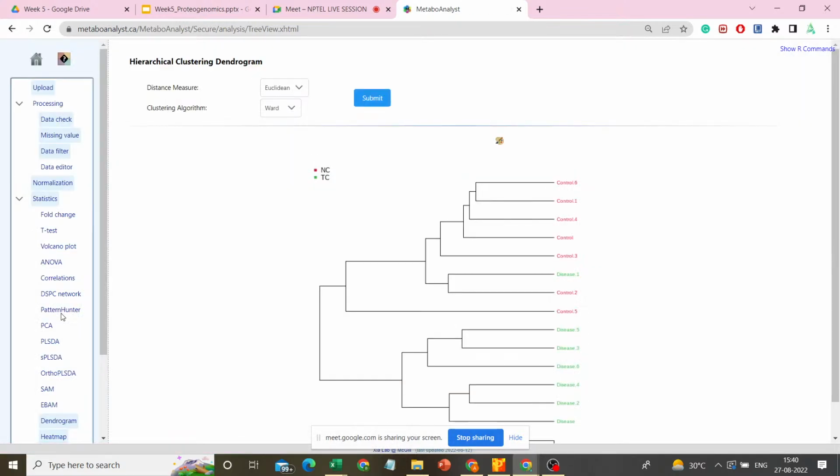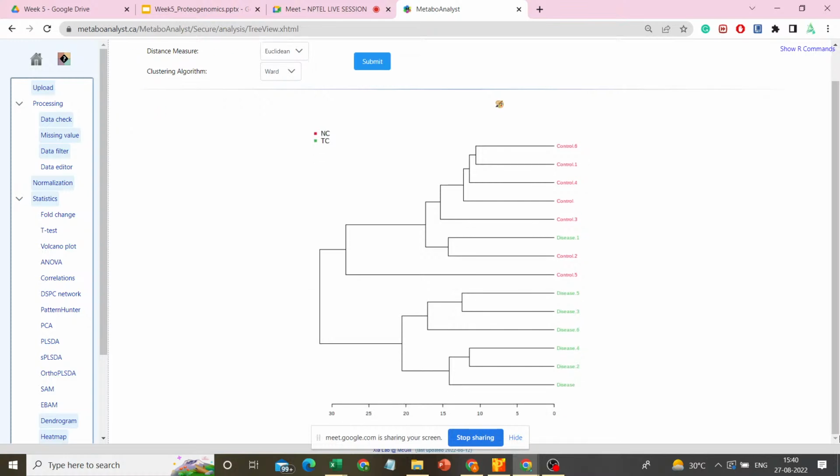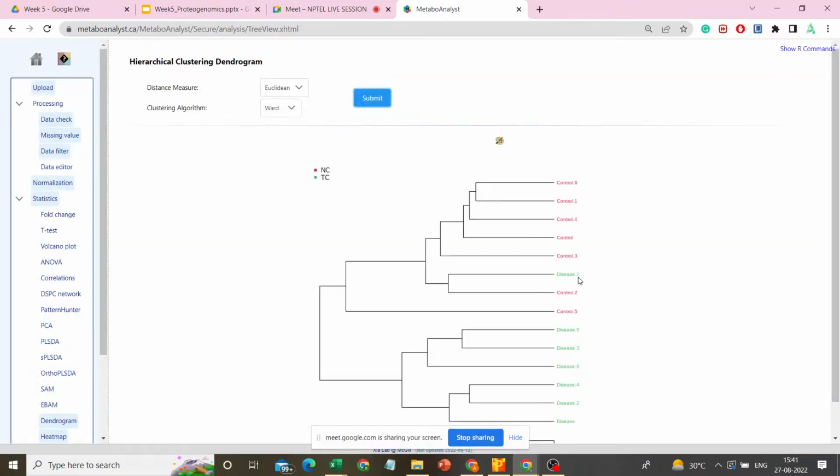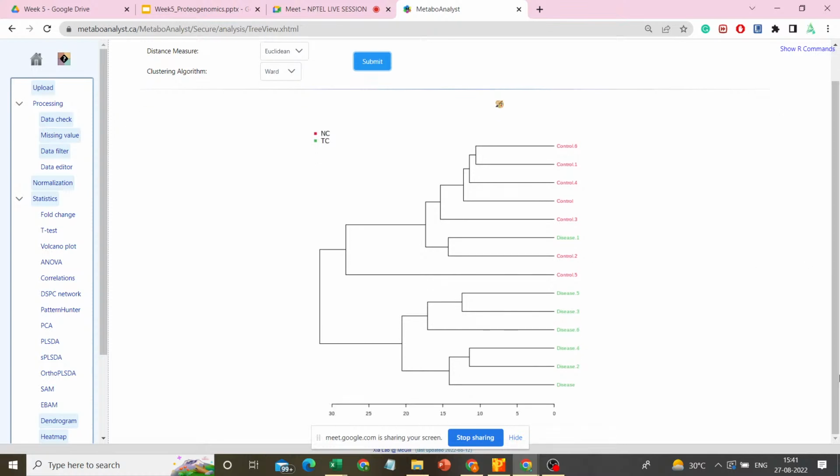You can also look at the dendrogram. Here it was also measured, and you can see that one disease is behaving as a control. In this cohort it has differentiated both, but one disease is behaving like a control.